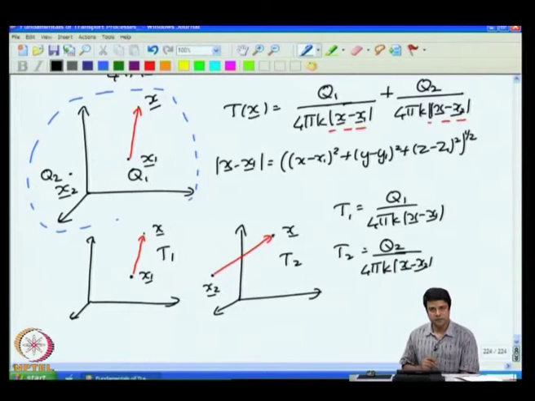The solution for del square T1 is equal to 0 with the point source at x1 is T1. The solution for del square T2 is equal to 0 with the point source of strength q2 is T2, which is q2 by 4 pi k into x minus x2. I add up the two and I get the final temperature field due to these sources.